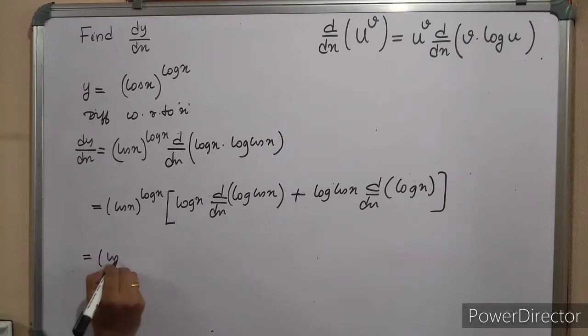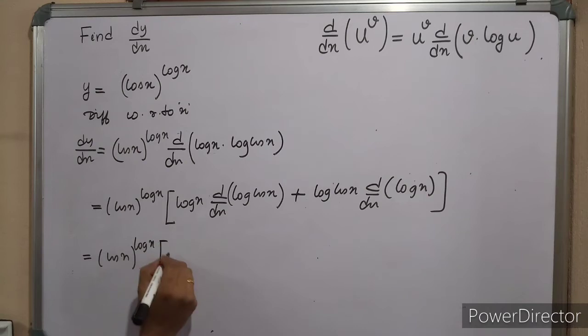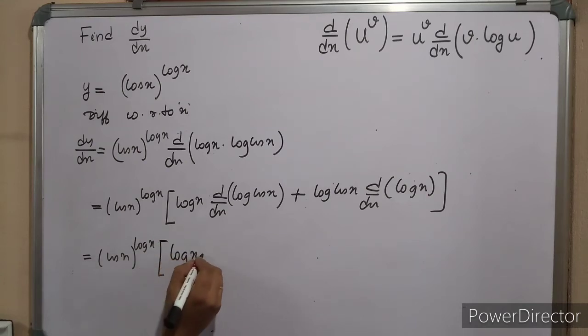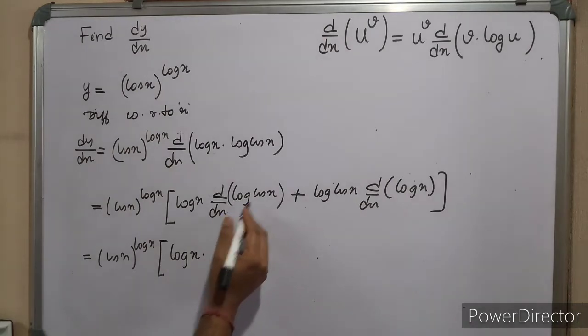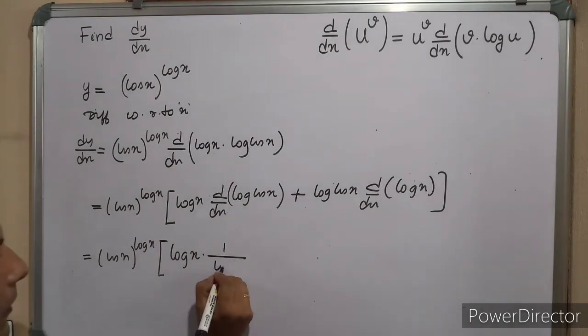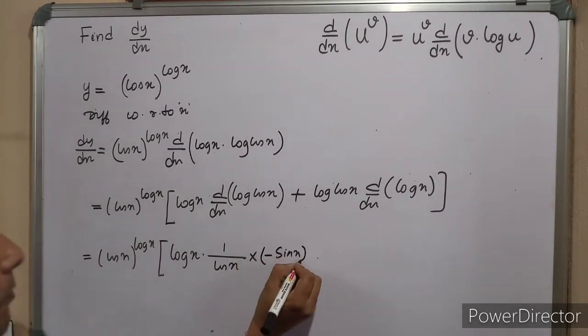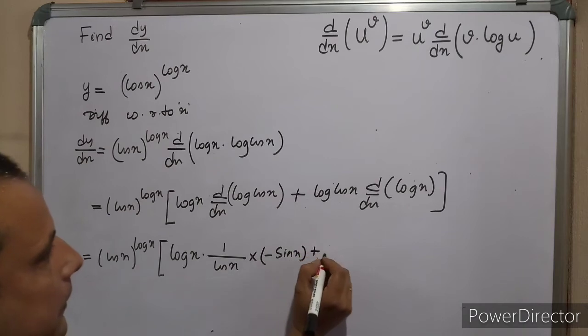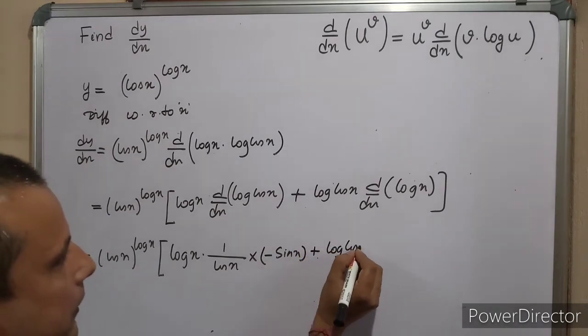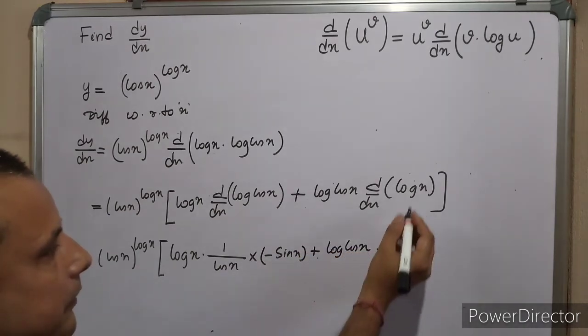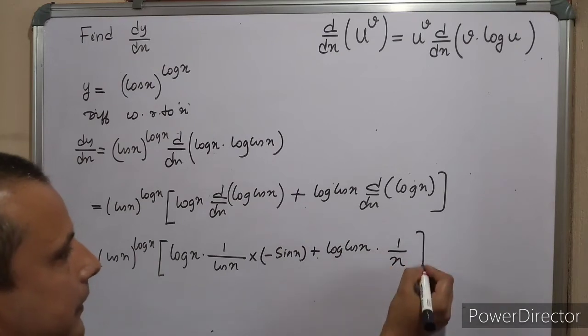Now this is cos x to the power log x. Now there are two functions. First you have to differentiate log then cos. Derivative of log cos x is 1 over cos x into the derivative of cos x is minus sin x, plus log cos x into the derivative of log x is 1 by x.